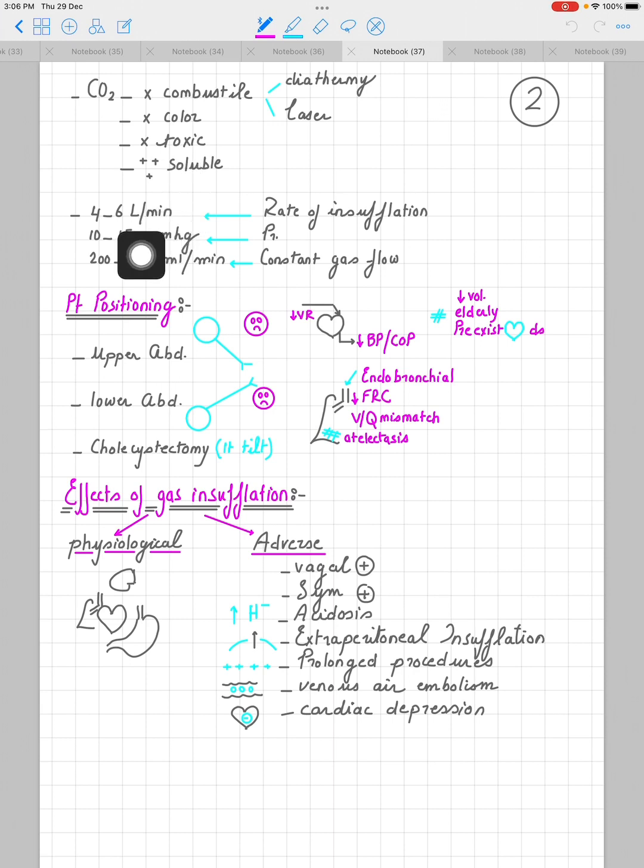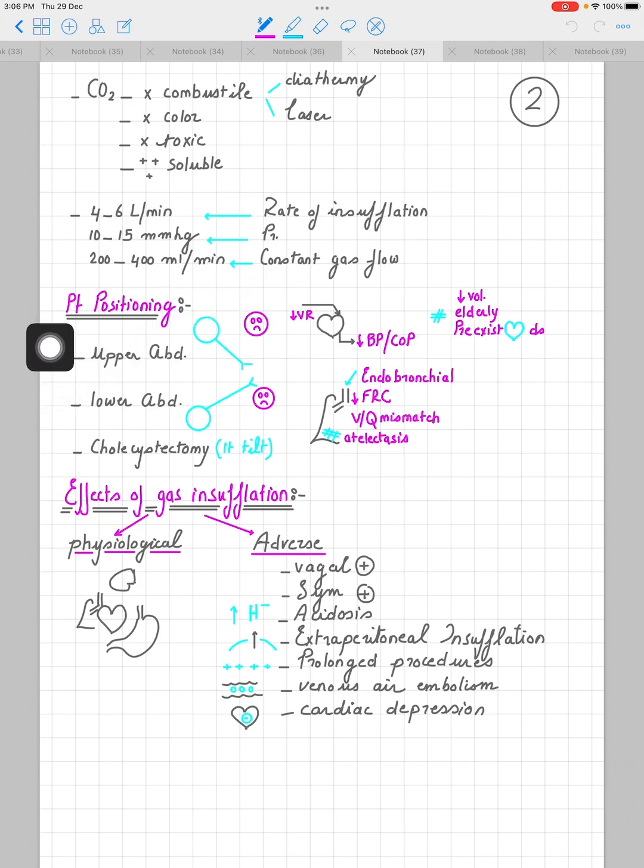Carbon dioxide is insufflated at a rate of 4 to 6 liters per minute to a pressure of 10 to 15 millimeters of mercury. The pneumoperitoneum is maintained by a constant gas flow of 200 to 400 milliliters per minute.